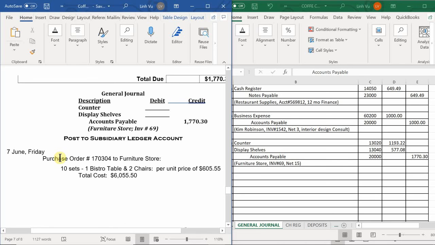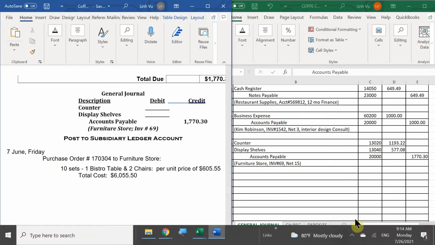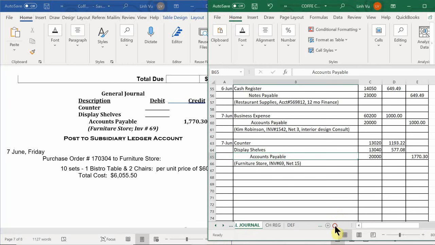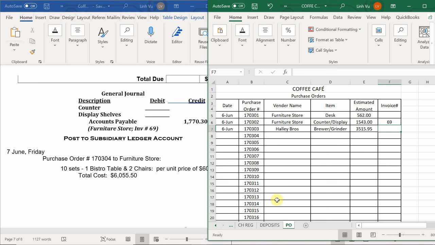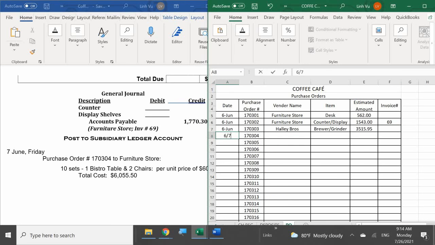Created a purchase order. We created another purchase order to the furniture store. This time, what did we buy? Okay. Bistro tables and chairs.